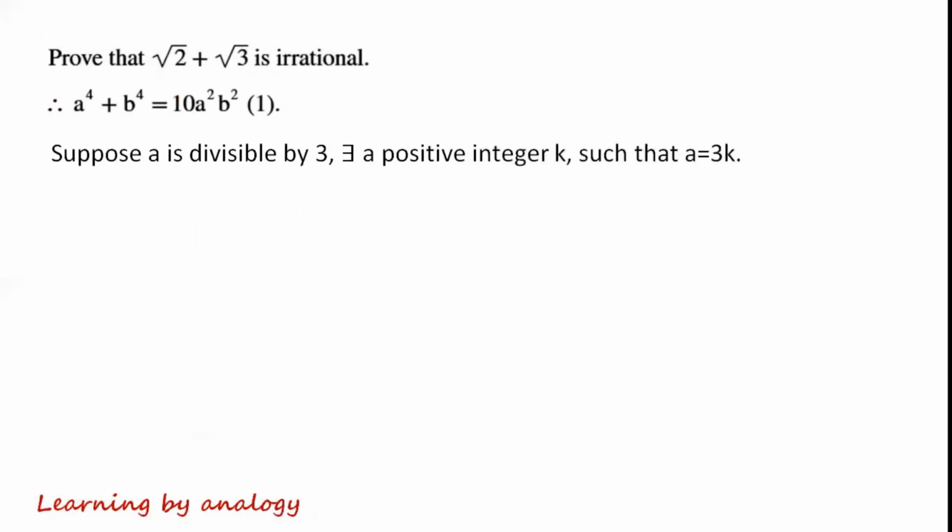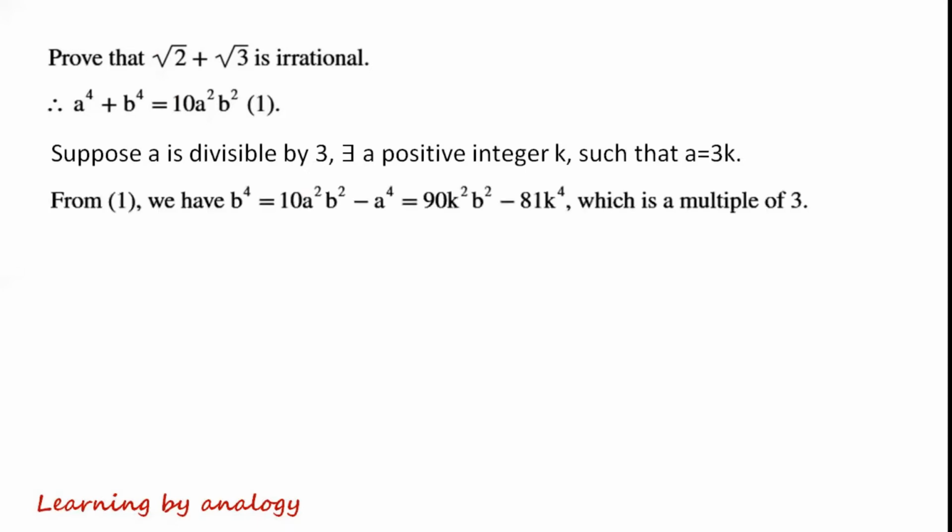Suppose a is divisible by 3, so there exists a positive integer k such that a equals 3k. From equation 1, we have b to the power of 4 equals 10a squared b squared minus a to the power of 4 equals 90k squared b squared minus 81k to the power of 4, which is a multiple of 3.